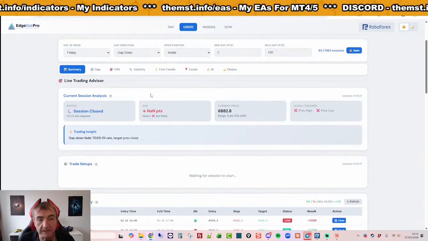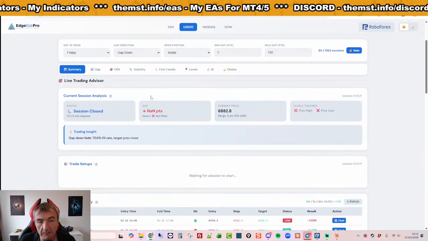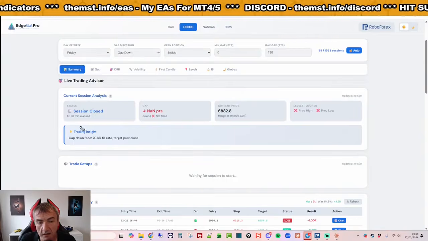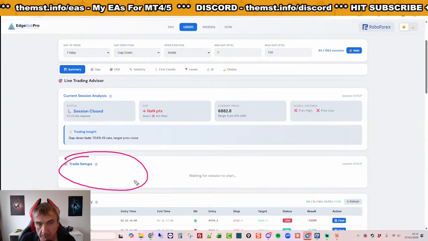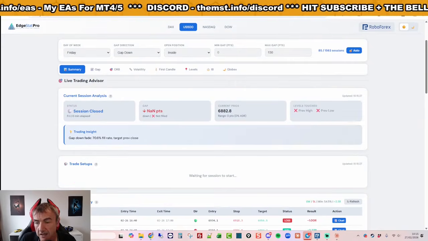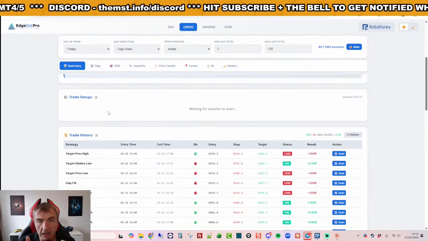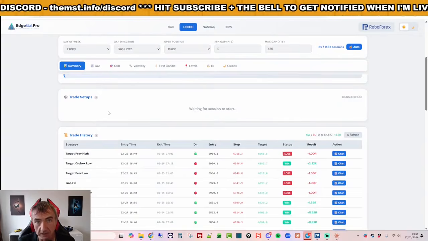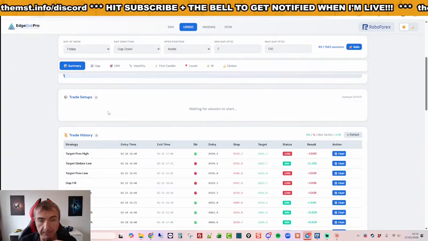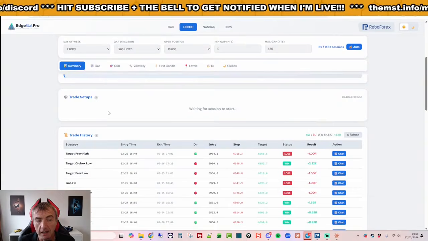So the idea basically of it is that he gets in with a setup. Now, these setups are based on research that's been done based on statistics.